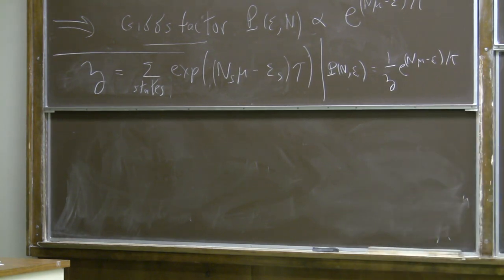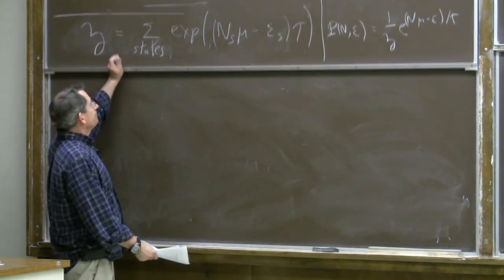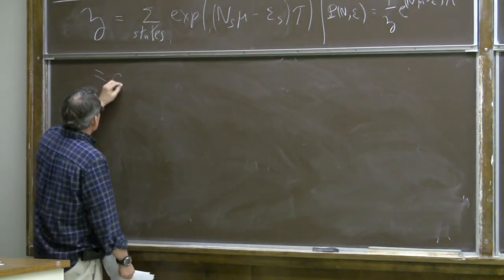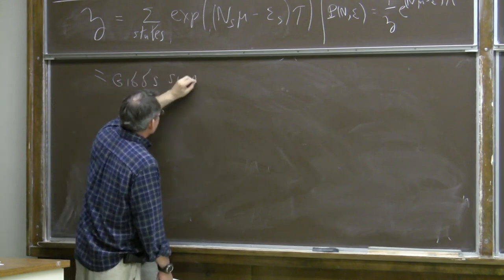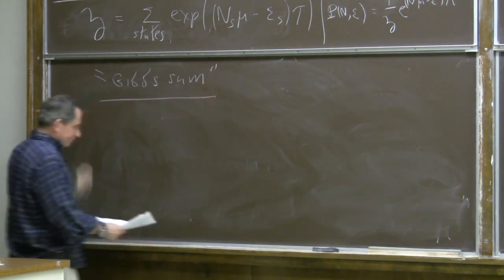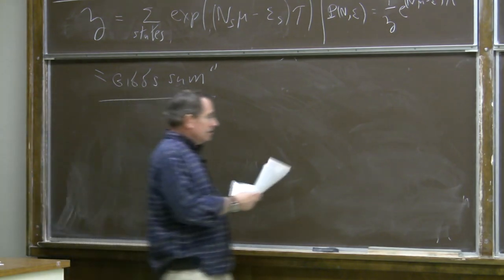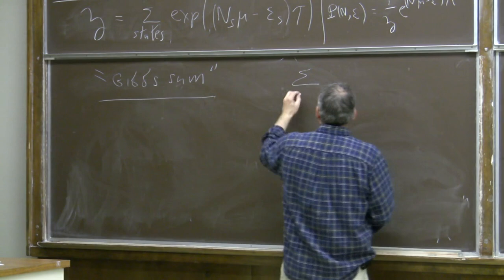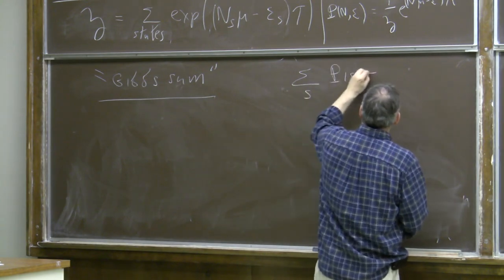And script Z I'll call the Gibbs sum. So with that normalization, it is a probability with the property that the sum over states of the probability of the state is equal to 1.